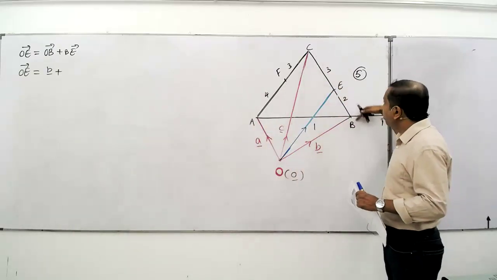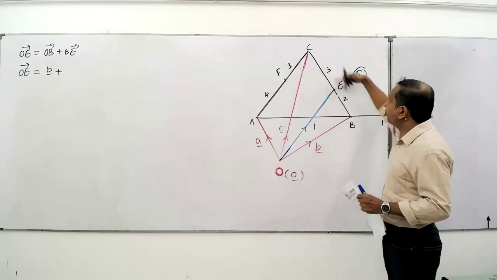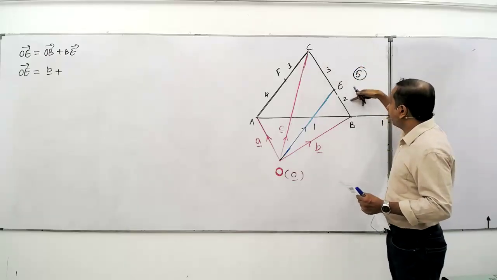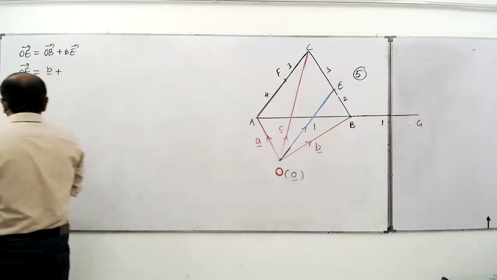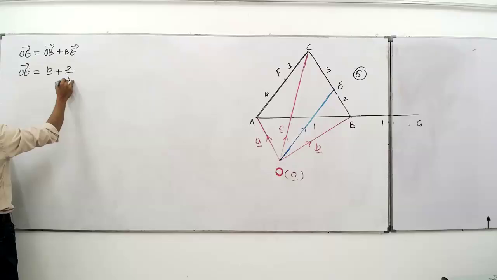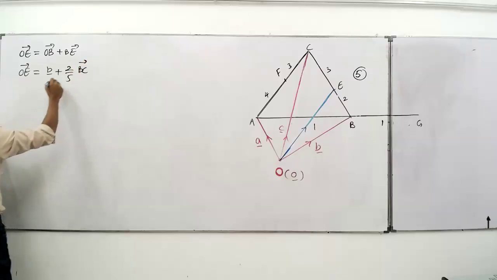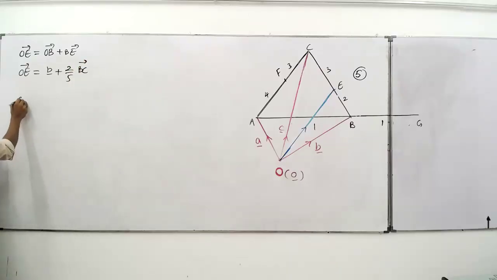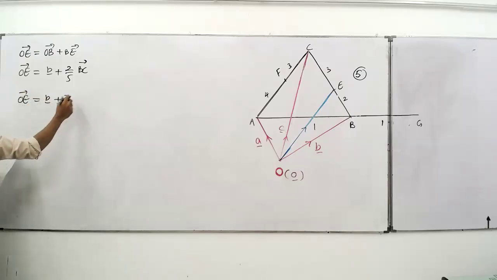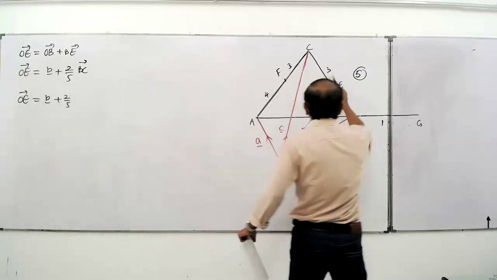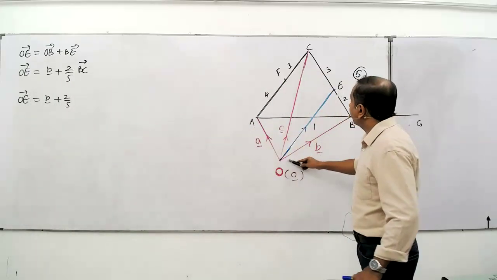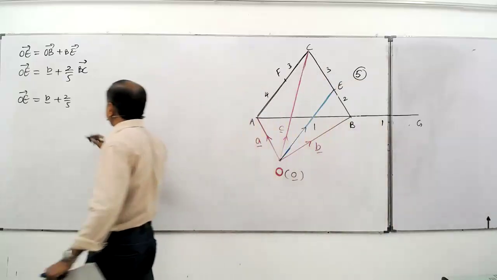BC we divide by 3 plus 2, 5, and multiply by 2, so BE is 2 fifths of BC. So OE is B plus 2/5 BC. You can write BC as BO plus OC.